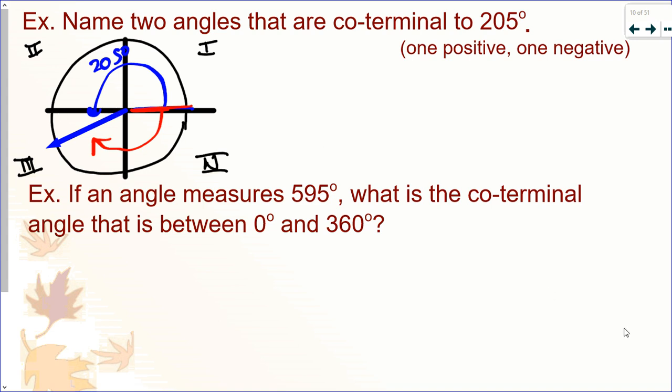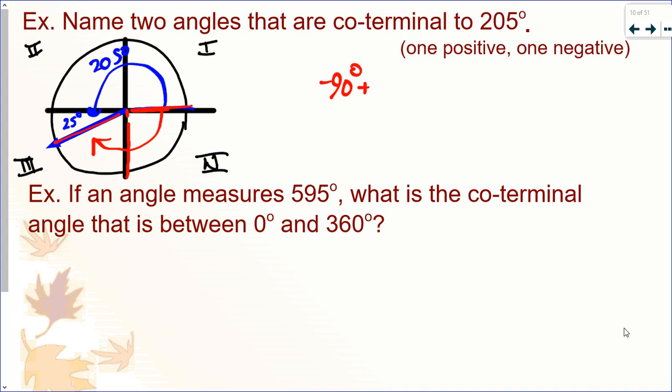So the way we can figure it out is we can say, okay, well, from here to here, I've gone negative 90, right? That gets me to this spot. That's negative 90 degrees. And how many more do I need to go to get to the blue ray? This part in here is going to be 25 degrees. Is that right? Yeah.